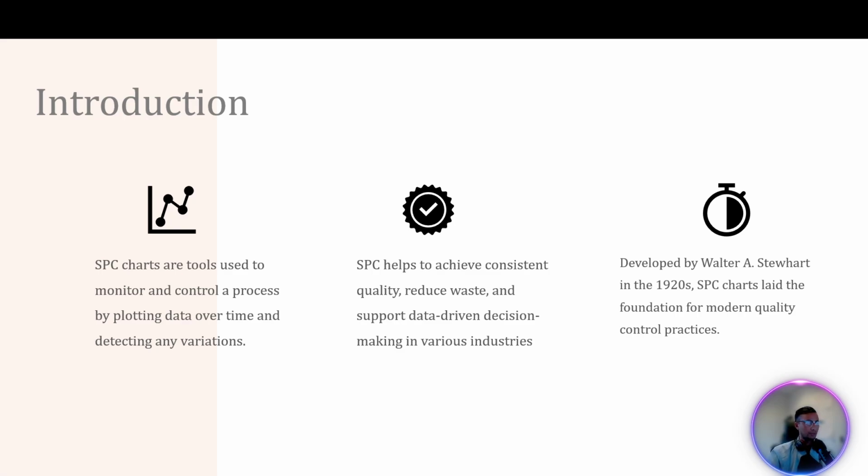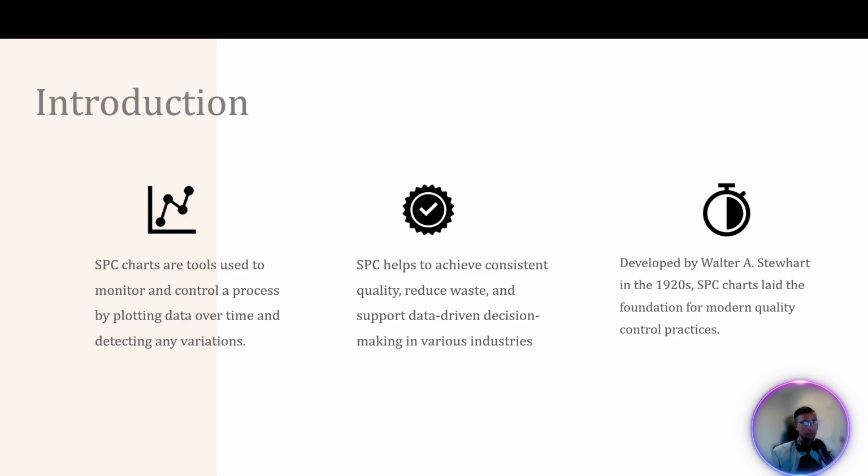So it helps to monitor the progress and process of data with the help of different components like data points, zones, and the upper control limit and lower control limit. It helps to achieve consistent quality, reduce waste, and support data-driven decision making in various industries.